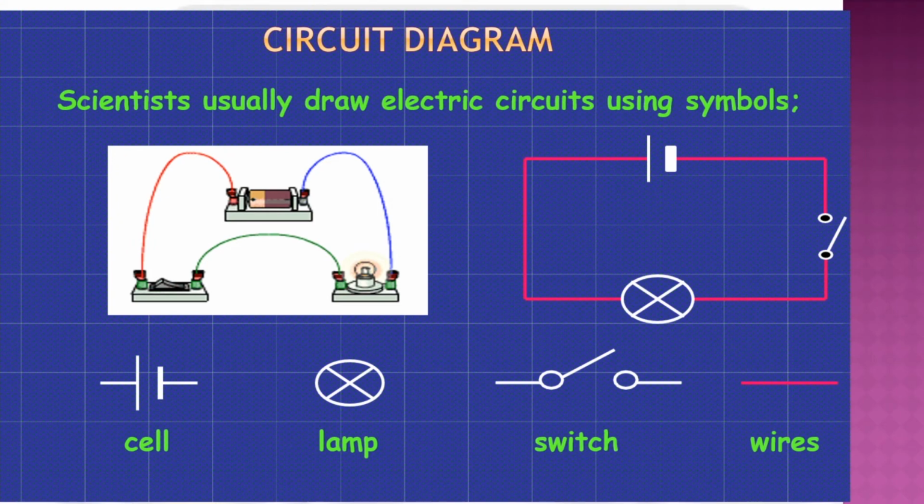Scientists usually draw electric circuits using symbols. You can see here a circuit diagram that is drawn by using symbols. So you can see easily that there is a replacement of a cell by a proper symbol, a lamp, a switch, and wires as well.